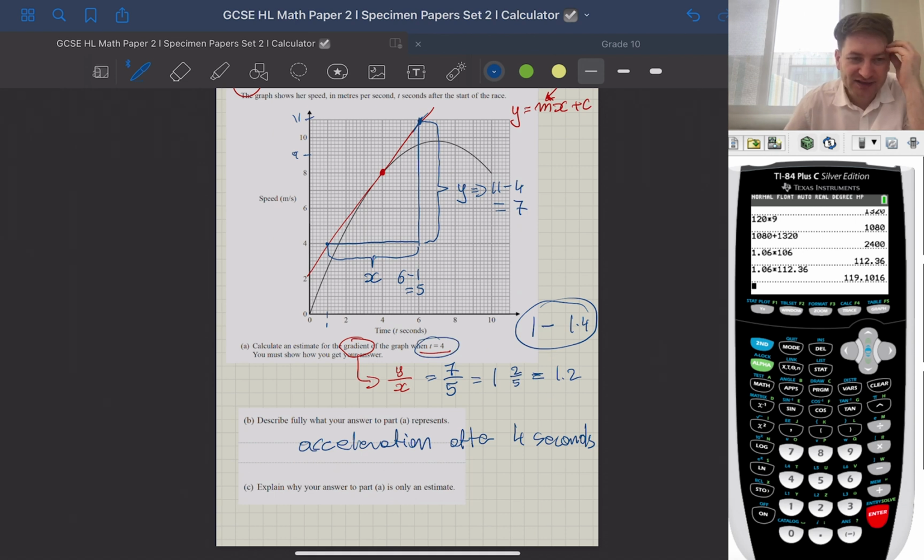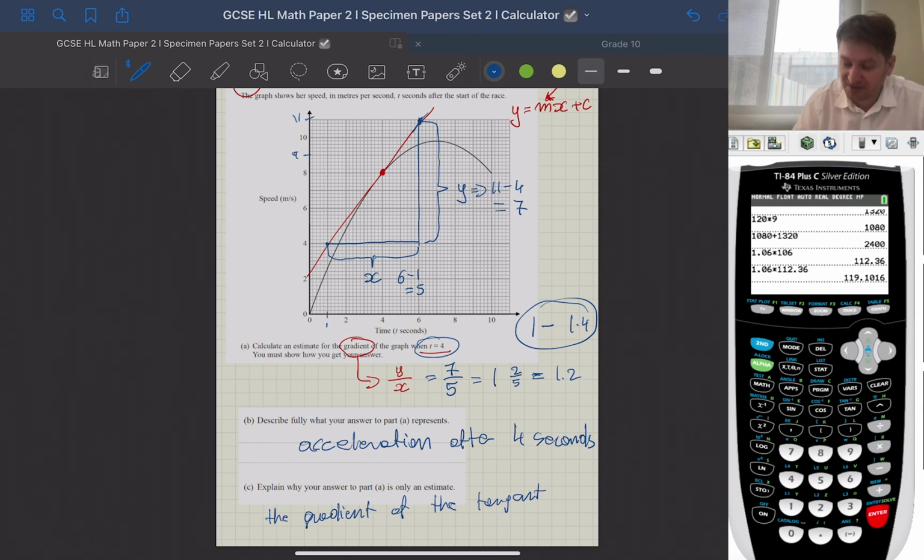All right, explain why the answer to part A is only an estimate. Well, because the gradient is the steepness of this tangent. Steepness is how we describe the gradient. So the gradient of the tangent can vary.